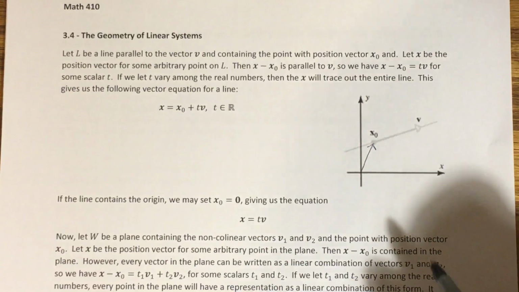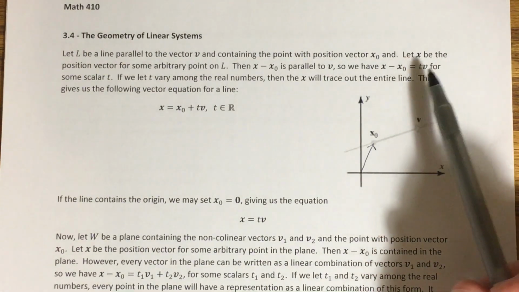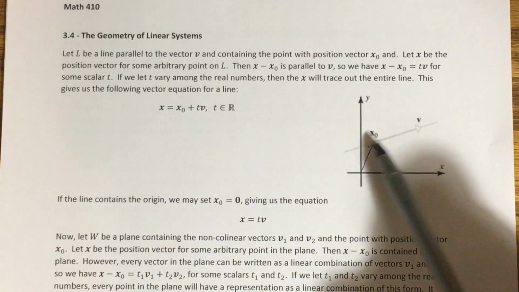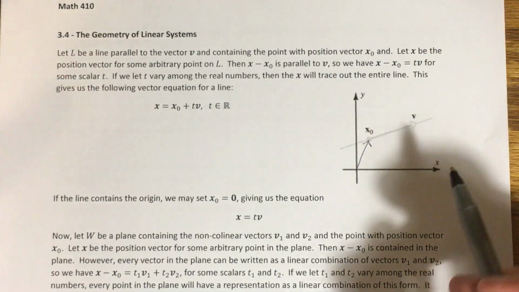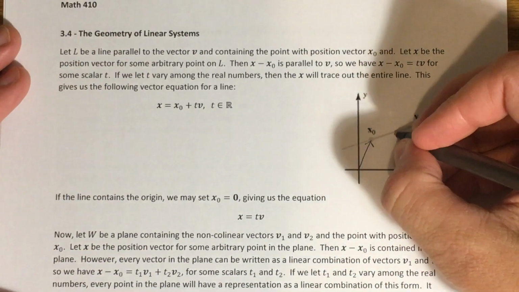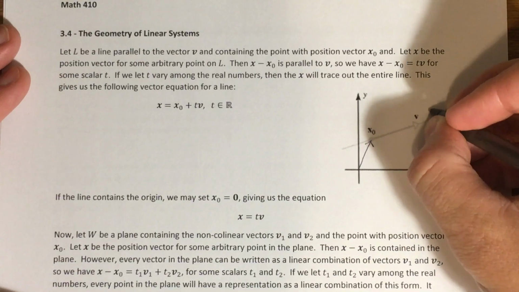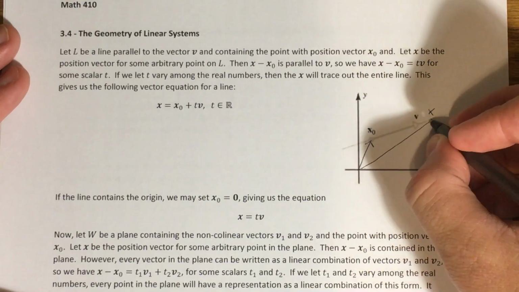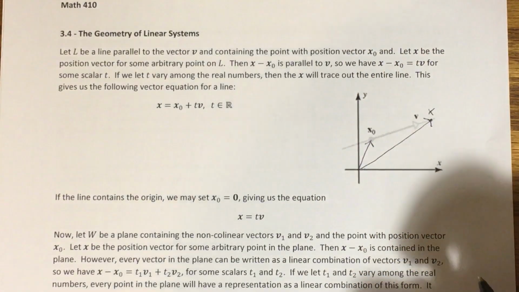Okay. And I'm going to let x, even though you're not seeing it here, be the position vector for any arbitrary point on this line L. So I could choose x to be here, for example, and then this would be the position vector. Okay?